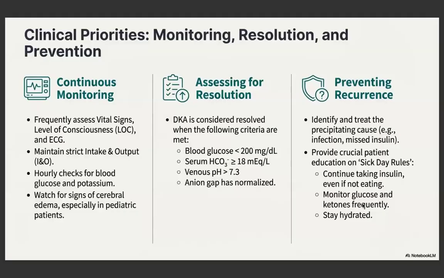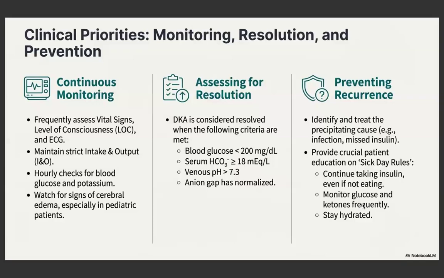We're also going to make sure that we now meet the criteria. Again, every hospital is different, so go based on your hospital policy, but their blood glucose level should at least now be below 200 milligrams per deciliter, and their bicarbonate and pH levels have hopefully stabilized, as well as their anion gap.